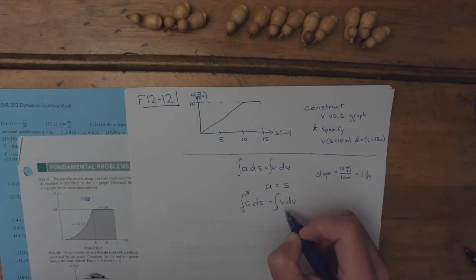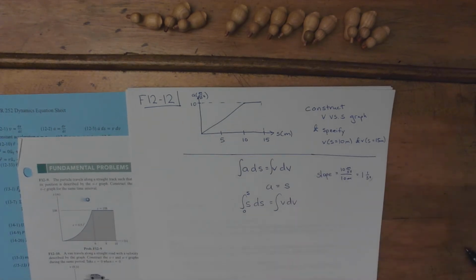Okay, and then what am I going to do for the lower limit of the velocity? Well, this is a little bit of a problem because we didn't do an acceleration versus position graph back in Physics 161, but we did look at acceleration versus time graphs. And if you have the acceleration versus time graph, you can integrate that, but can you tell me what the velocity is if I give you an acceleration versus time graph?